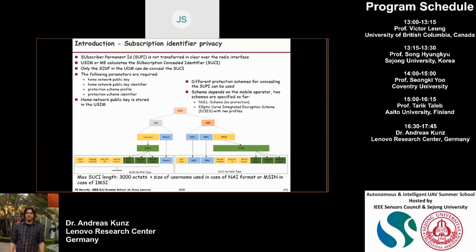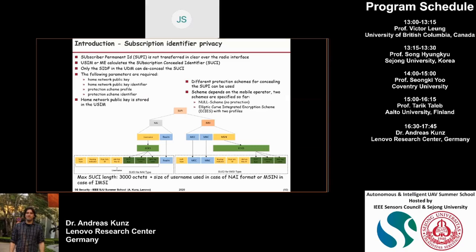There are a couple of cases where you could still get the SUPI even though you want to have the SUPI encrypted all the time. One would be that the UE doesn't have a USIM which is capable of storing the home network public key and the other parameters.